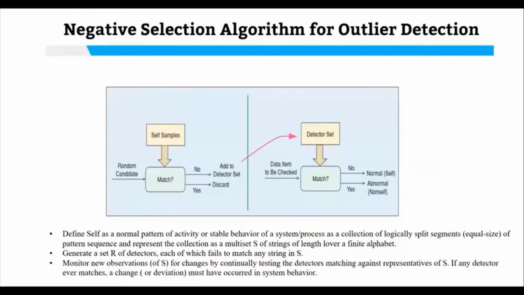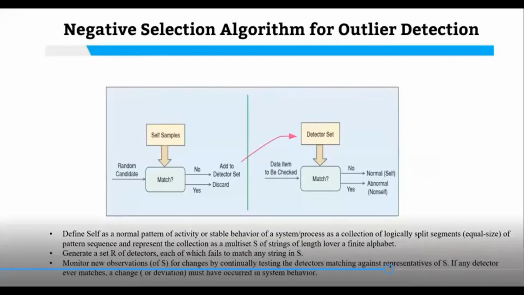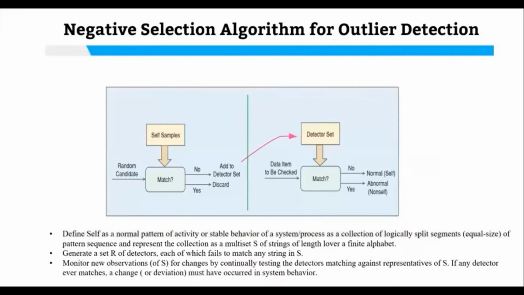To classify the dog, you check your input data against everything which is not a dog, and if it matches with anything else, it is not a dog. It works in that way, generating the data which are not dog, and you only match against that. That is the simplest way to put the negative selection algorithm.